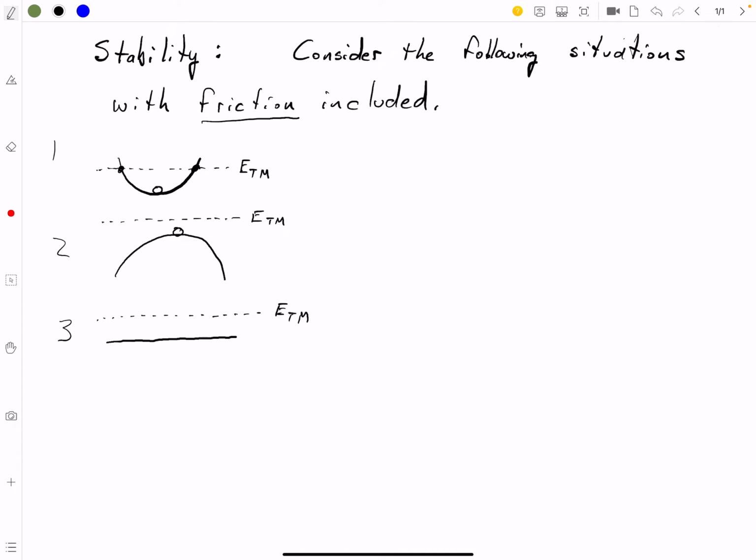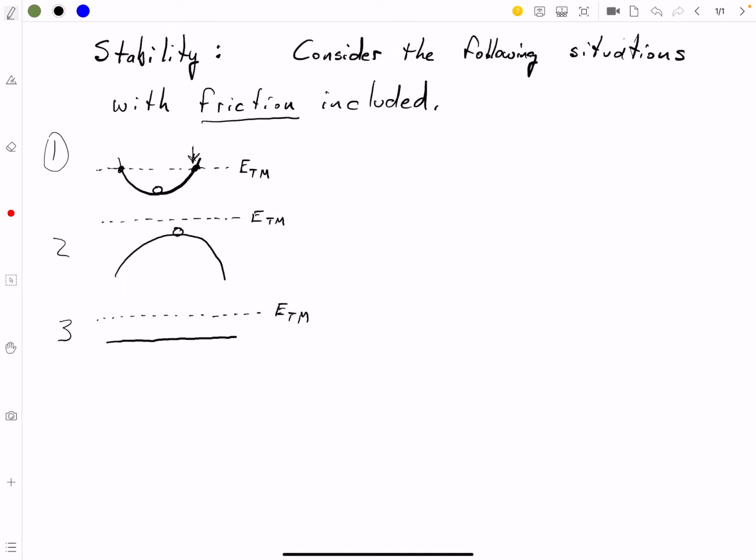So let's say we've got a bowl and a marble. In the first case, case one here, the bowl is upside down, like you're going to dump your marble into the bowl, and the marble starts out, say, at this point here, and that potential energy allows it to drop down.